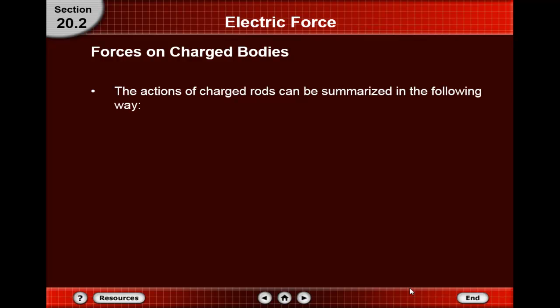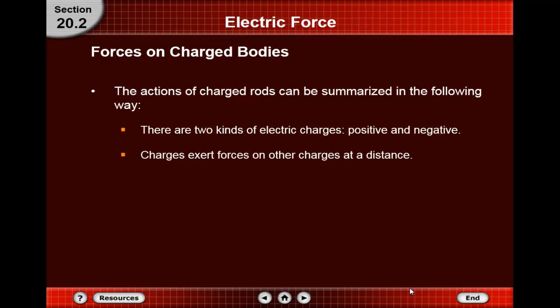The action of the charged rods can be summarized in the following way. There are two kinds of electric charge, positive and negative. Charge exerts force on other charge at a distance. The force is stronger when the charges are close together.